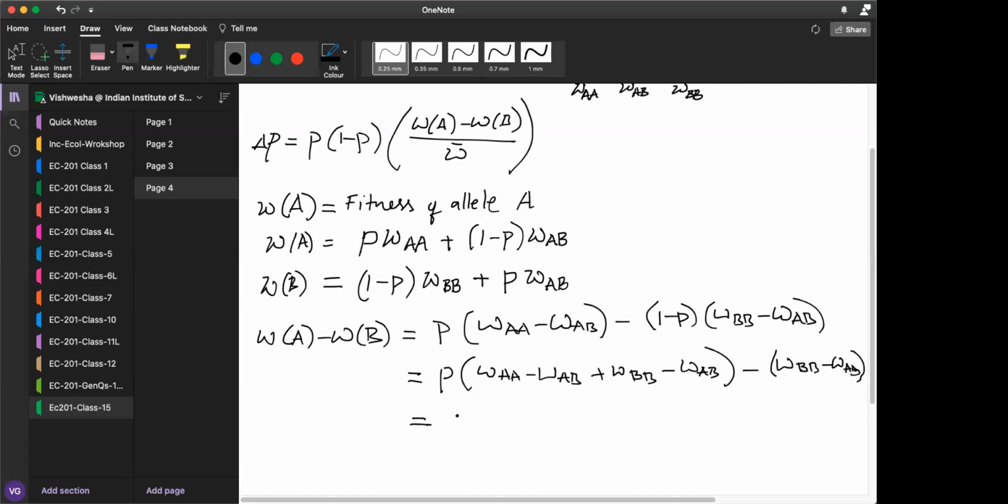And let us write this in the following way. Let's take this entire thing as a common factor outside. So I have omega AA plus omega BB minus 2 omega AB, and then I'm taking this entire thing out.